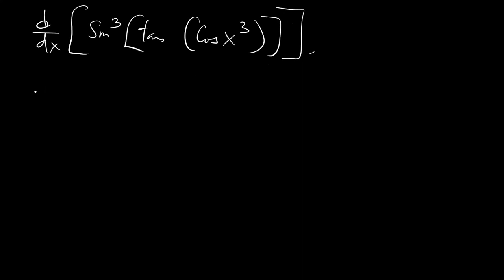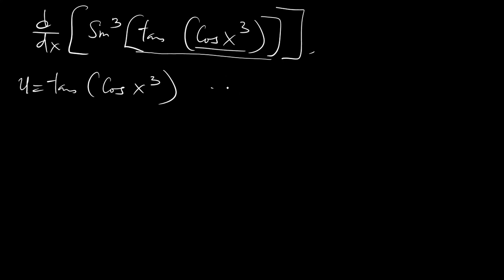So this is the same as what I have just been explaining. Assuming the whole of this inside here is u, which is equal to tan cos x cubed, and this one inside here is v, where v is equal to cos x cubed.